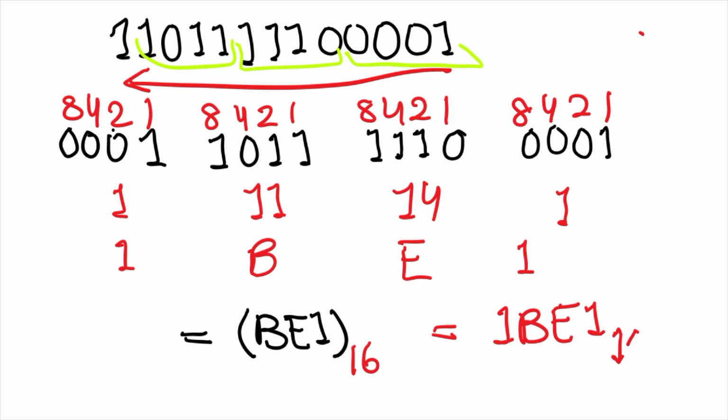Now we're going to talk about the conversion of hexadecimal to binary number. So for example, we have a hexa value BF08. We're going to convert this hexa value into a binary number.